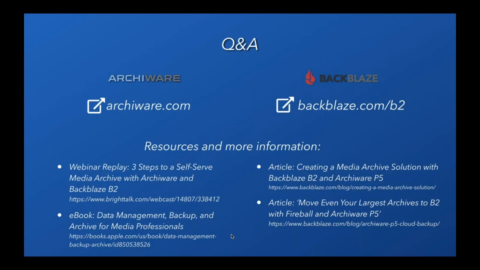If you go to archiware.com and select P5 as the product range, then you have in the menu the product configurator, where you can put in any requirements that you might have. So maybe just backup and the size that you plan to put in the cloud, or backup and archive together, and maximum storage, whatever it is. You can calculate your most efficient and cheapest license combination there.